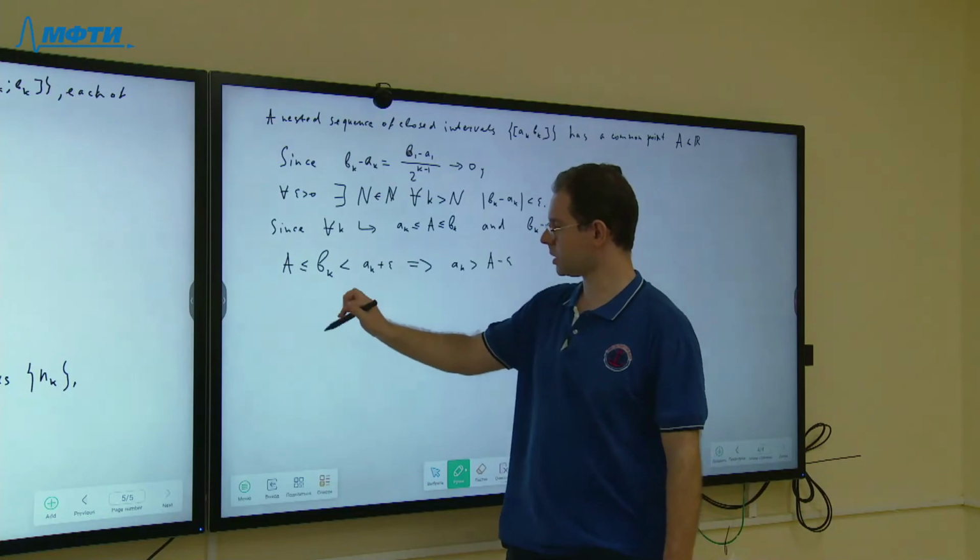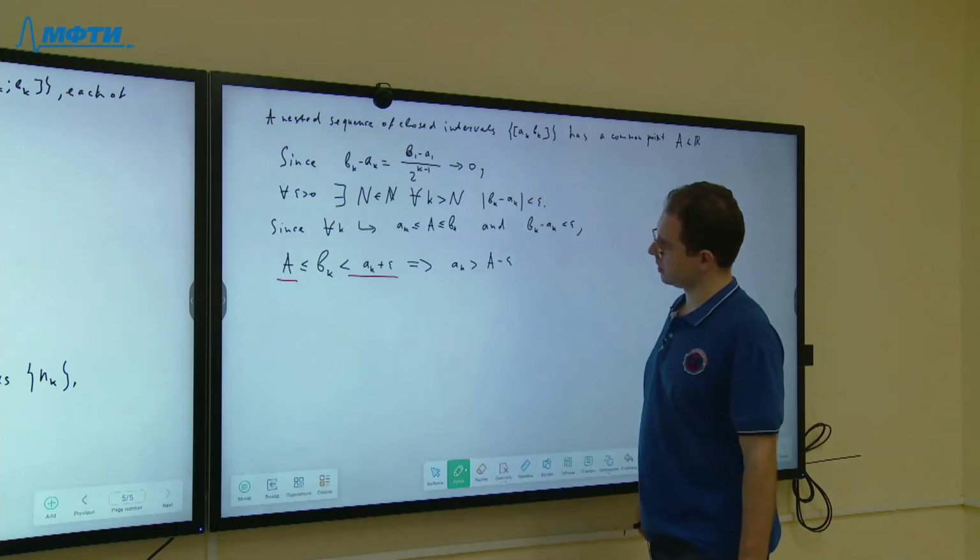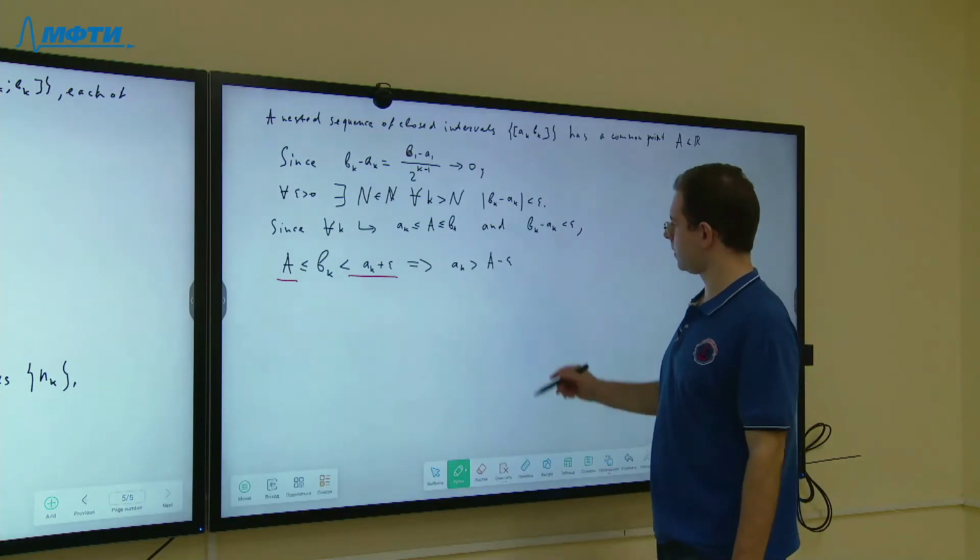From this inequality, I'm taking this and that. From here, it follows that way. Okay, very well.